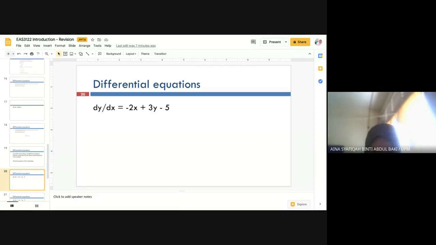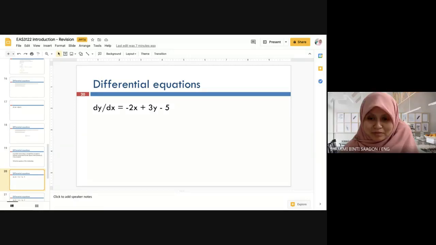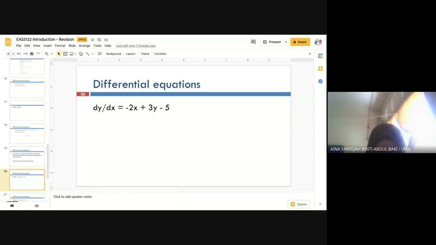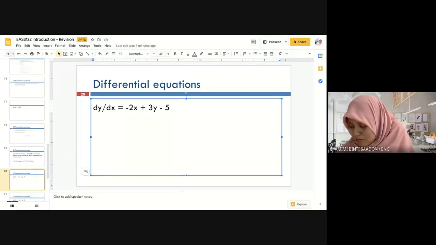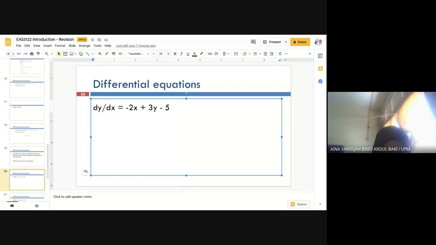So to start it, oh, buat macam mana? I didn't solve it yet. I'll try, but kawan nak tulis, if you want to.